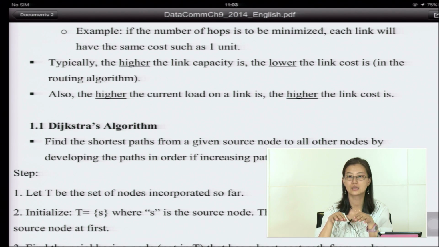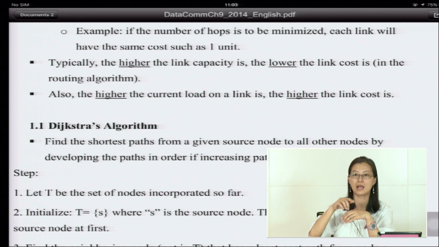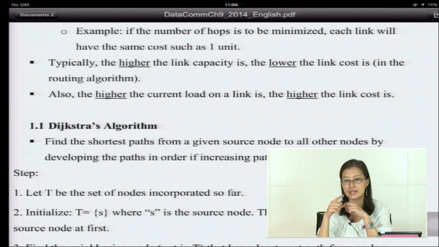It's the same thing. If this link is not good, you put a high link cost on it, and people will route, bypass, and go another way to reach the destination, avoiding that street or that link.